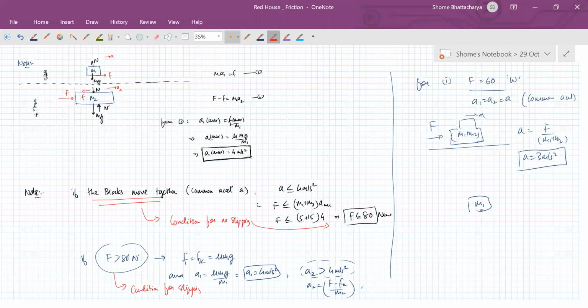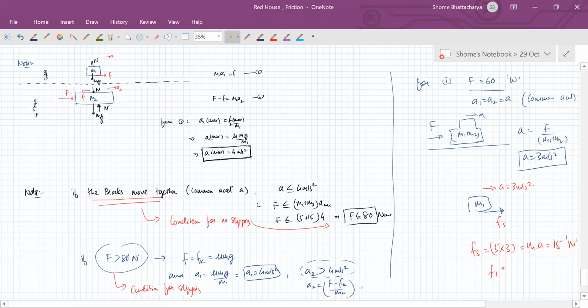Now, the static friction acting on this, but how much is that static friction? You can see that static friction is 5 into 3, that is m1a, that is 15 newtons. So you can see a static friction of less than the limiting value is acting.